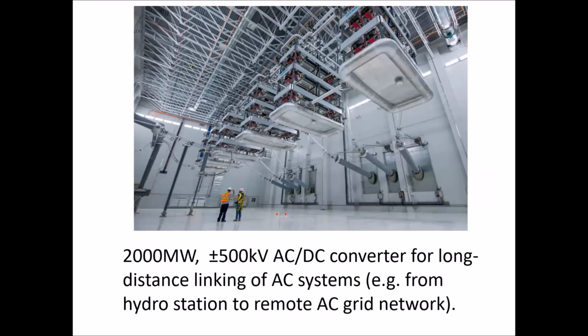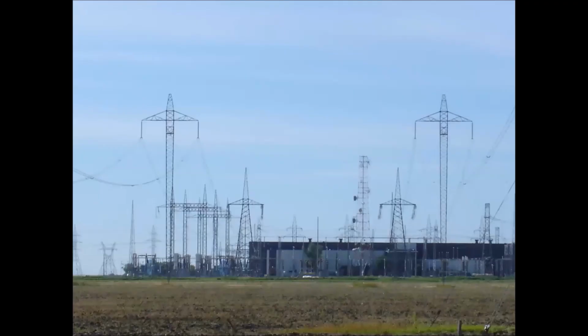And now that we can produce very high voltage DC, it turns out that for very long distance links, it's best to convert from AC to DC and then back to AC again. You can see some sense of the size of these installations here. And the towers, of course, only have one arm with two wires. Well, there are two circuits there. So we would find a rather different looking setup there.